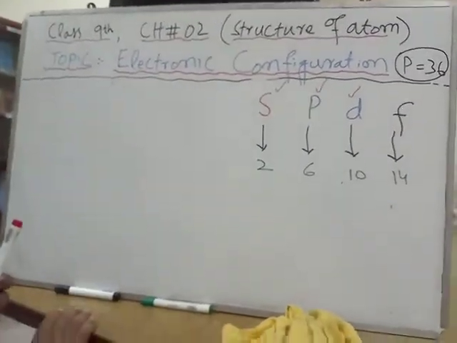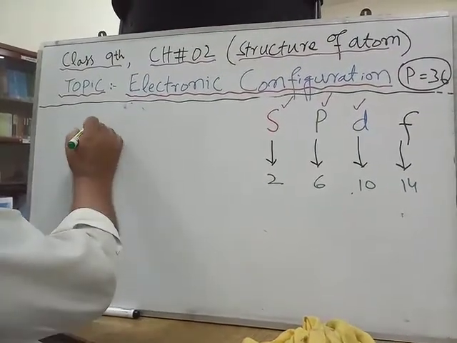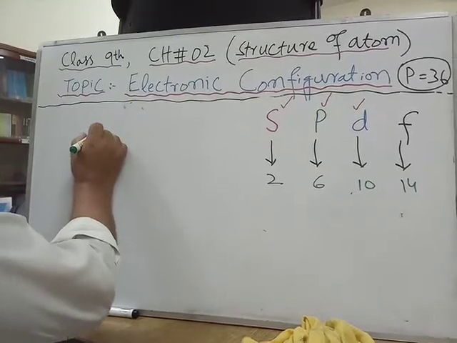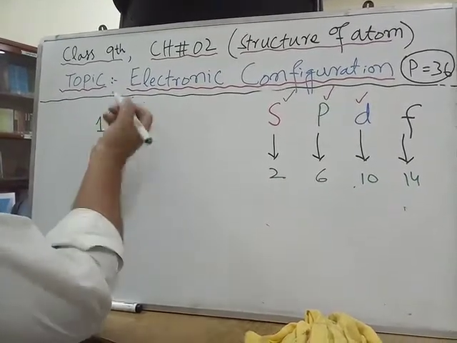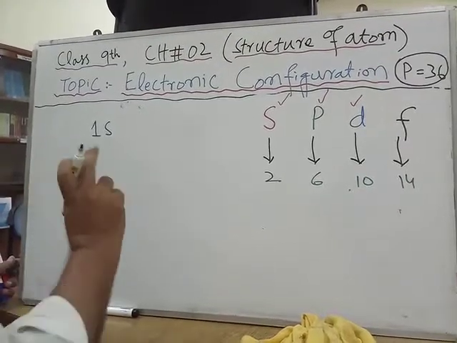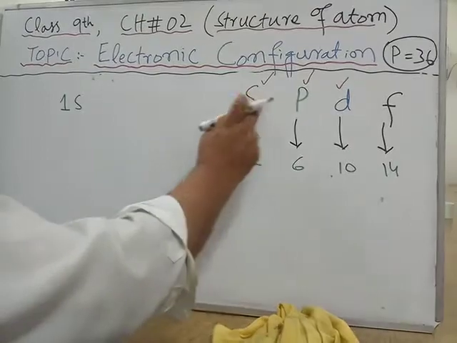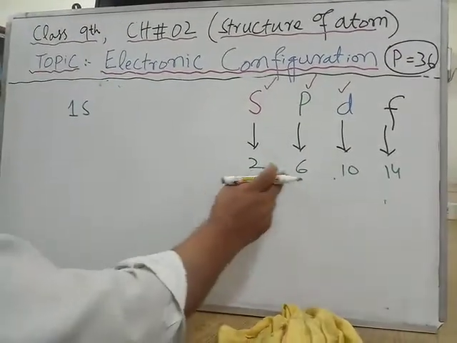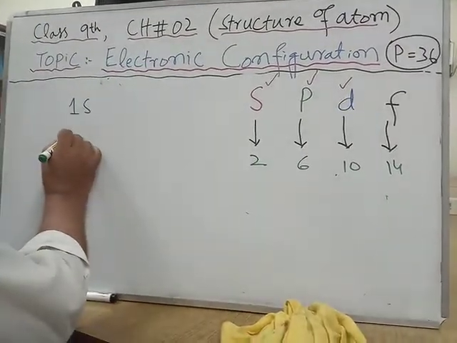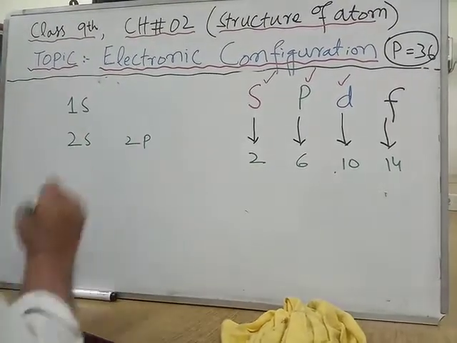The first shell can accommodate 2 electrons, so I shall write just 1s because S can accommodate 2 electrons. The second shell can accommodate how many electrons? 8. So what subshells are to be used? This is the second shell, so write 2s and 2p.